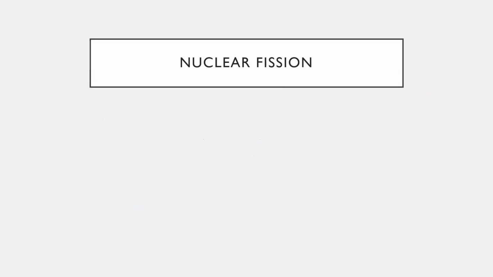Moving on to the next topic, nuclear fusion. What is fusion? Coming together. You have one nucleus, you have another nucleus, they come together and become one, and energy is given out.